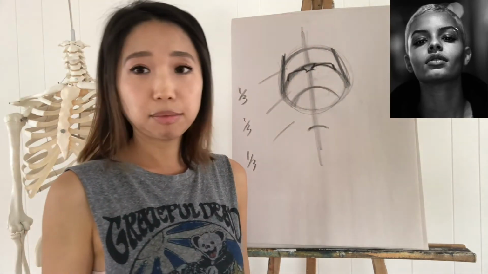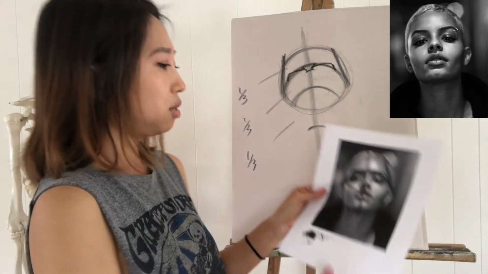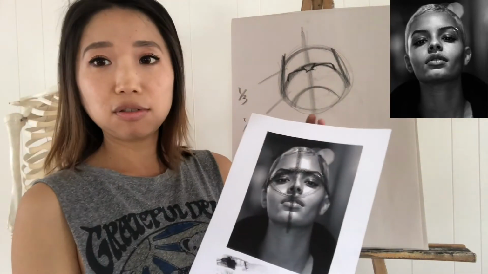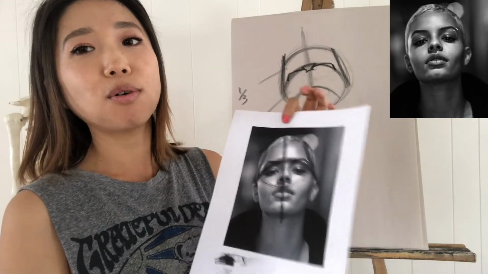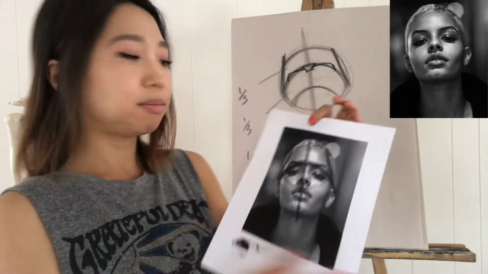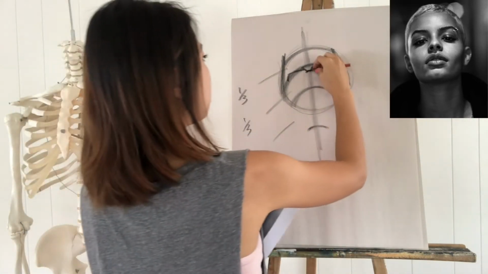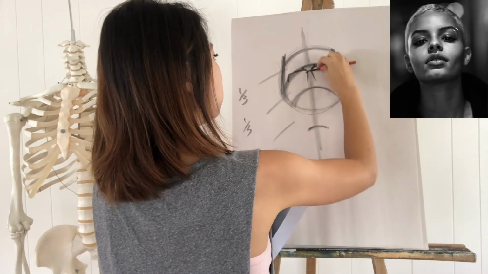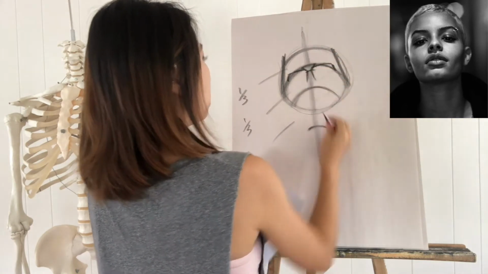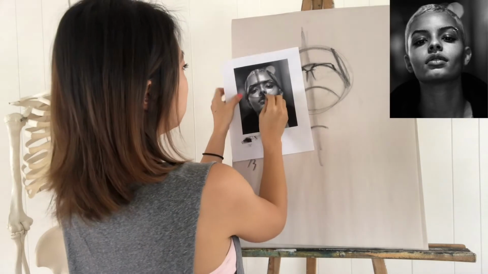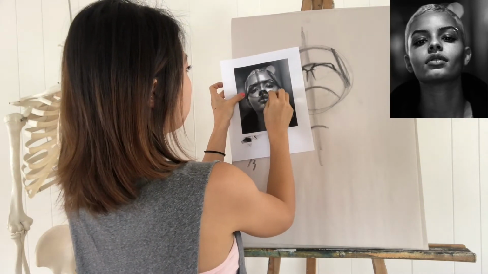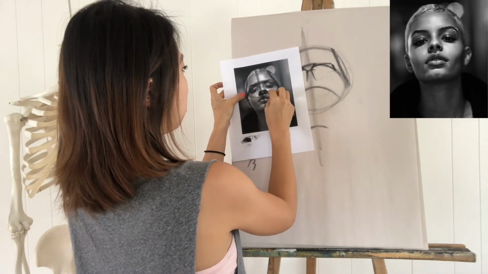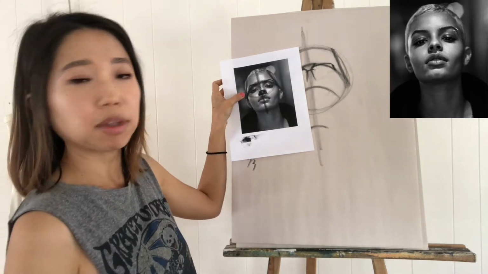And then the next part is to create the nose. In this picture, you can definitely see more of the bottom of the nose plane. So let's simply start with the nasal bridge, the top of the nose. And then I'm going to create this big triangle form right here for the bottom of the nose.